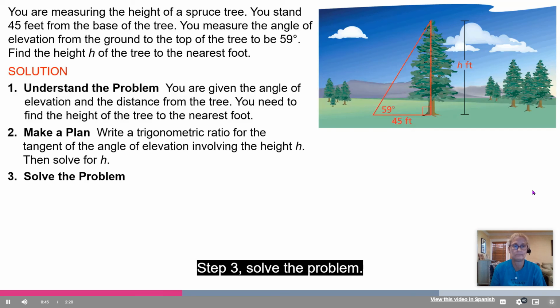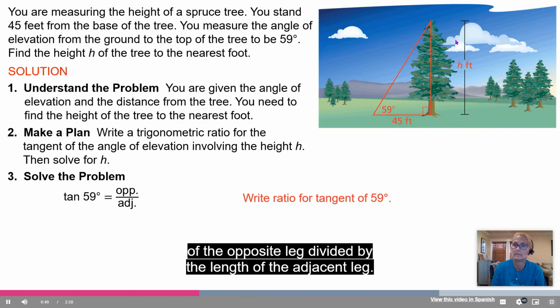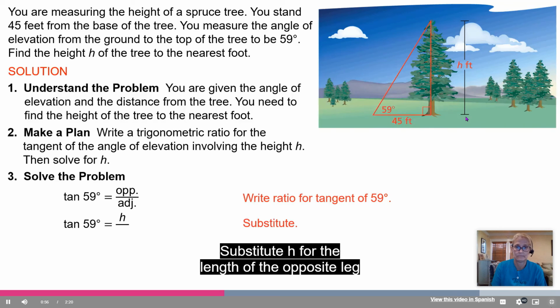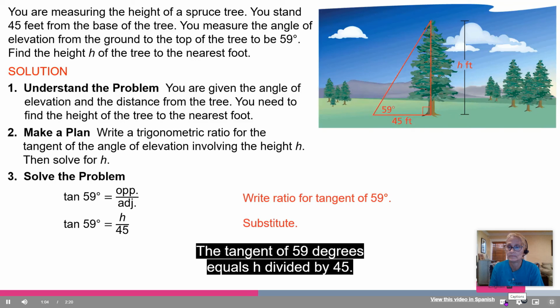Step 3. Solve the problem. The tangent of 59 degrees is equal to the length of the opposite leg divided by the length of the adjacent leg. Substitute h for the length of the opposite leg and 45 for the length of the adjacent leg. So you have the equation, the tangent of 59 degrees equals h divided by 45.